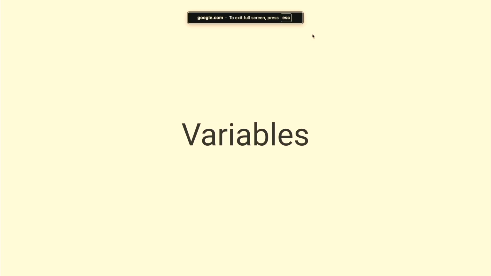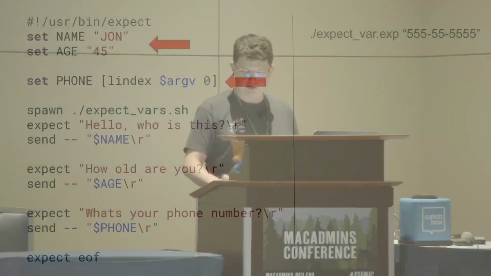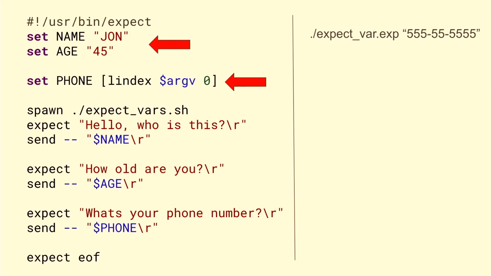All right, so we talked a little bit about variables. Let's dive into those real quick. Just like in the script that we saw before, we have some variables up here. In this script, we're setting some variables. We have name, and I have my name pre-programmed as a variable, and I have age pre-programmed as a variable.